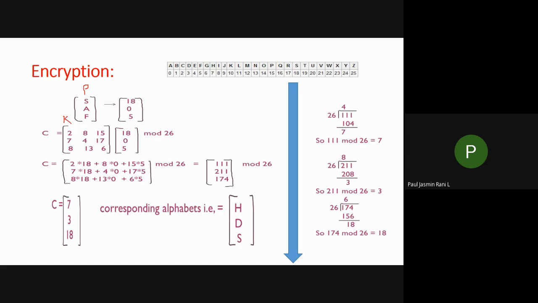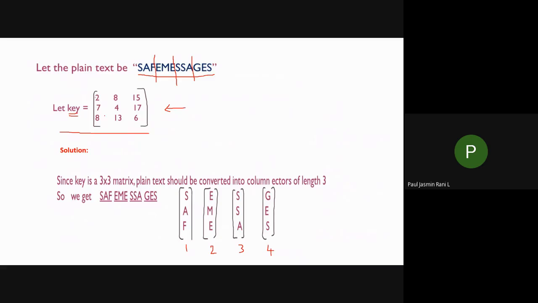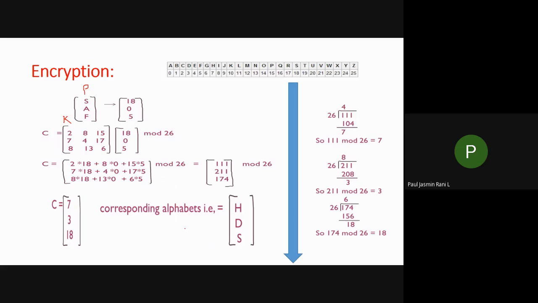You have to do matrix multiplication of the key and the plain text, then do the mod operation with 26.